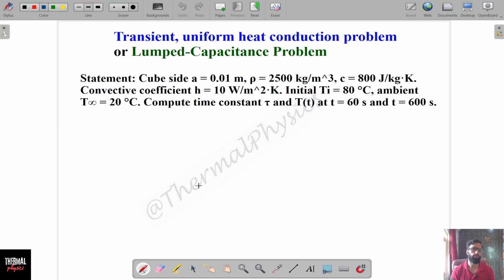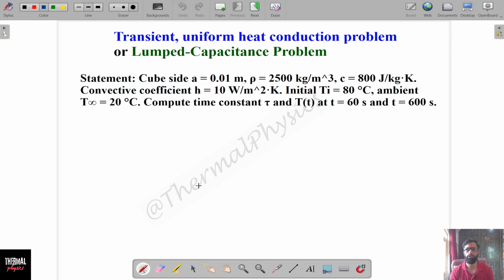According to this problem, suppose a body is initially at 80 degrees Celsius, which means each and every point of the body is at 80 degrees Celsius. When we put it in the air, which is at 20 degrees Celsius, the temperature of the body will start dropping.